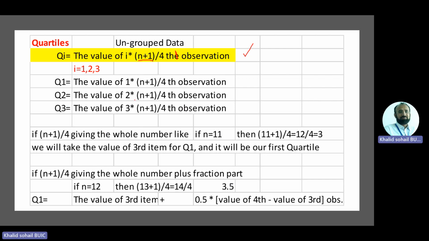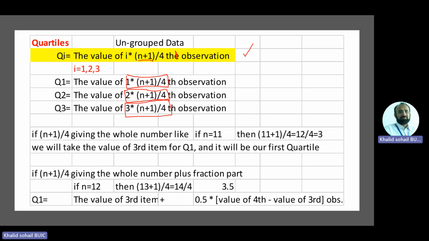Now, first of all, we calculate this number. That is very important. If we are going to calculate the first quartile, we calculate this number, and in case of the second quartile, we calculate this number, while in case of the third quartile, we calculate this number.